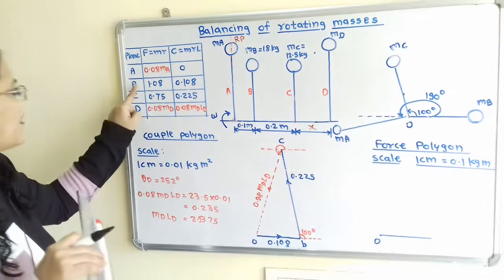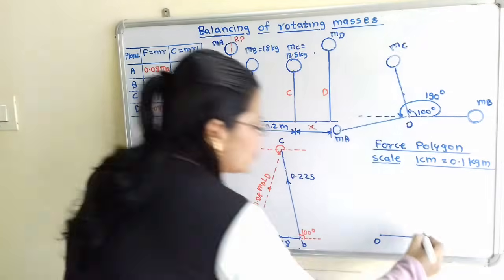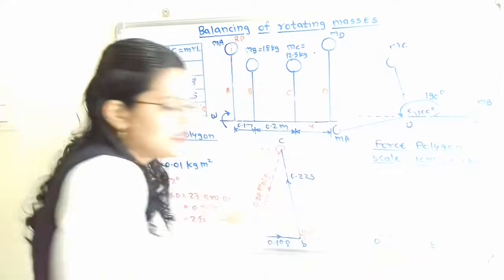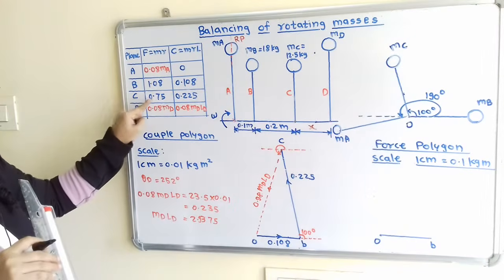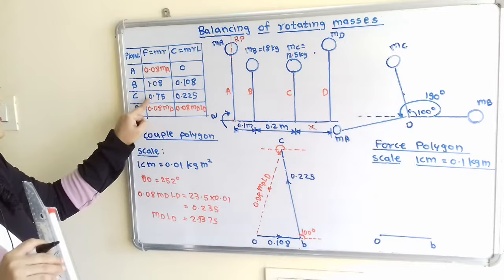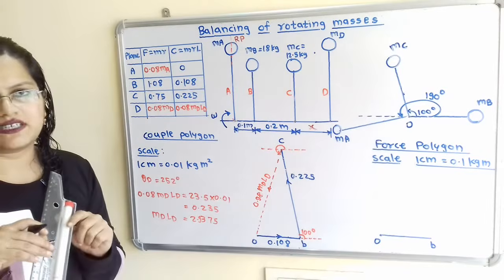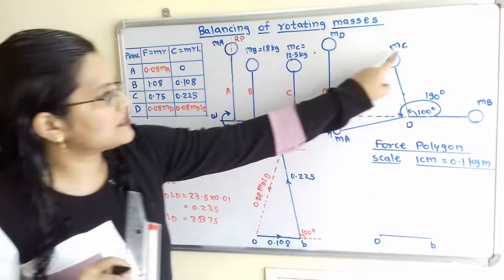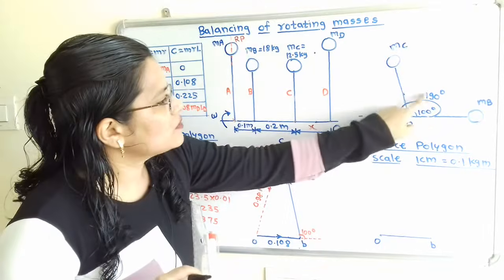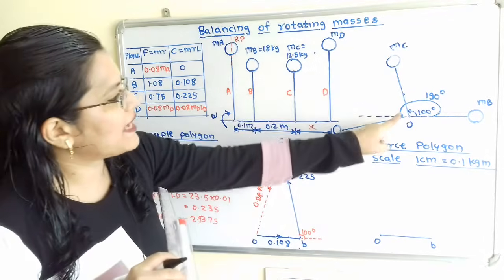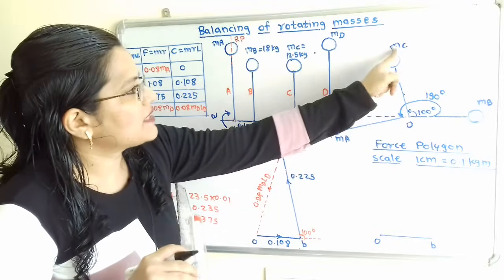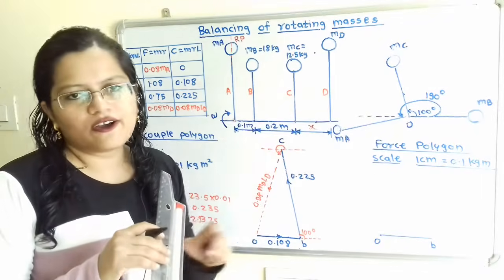So next point, that will be the point B. So I will show here the point B. Now we will move next for the point C. So for the point C, we have to consider the scale 7.5 centimeter. If we observe this diagram, what is the angle? So angle is 100 degree. So we will transfer this angle, because this mass MC is placed at an angle of 100 degree.